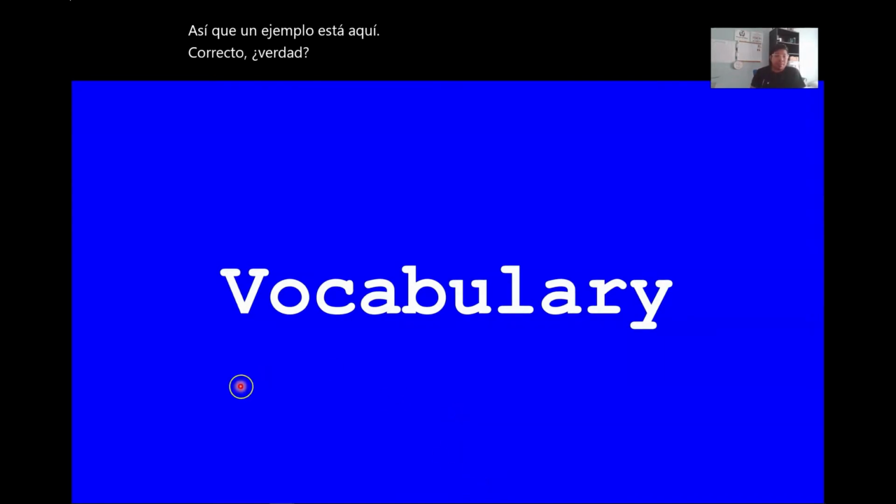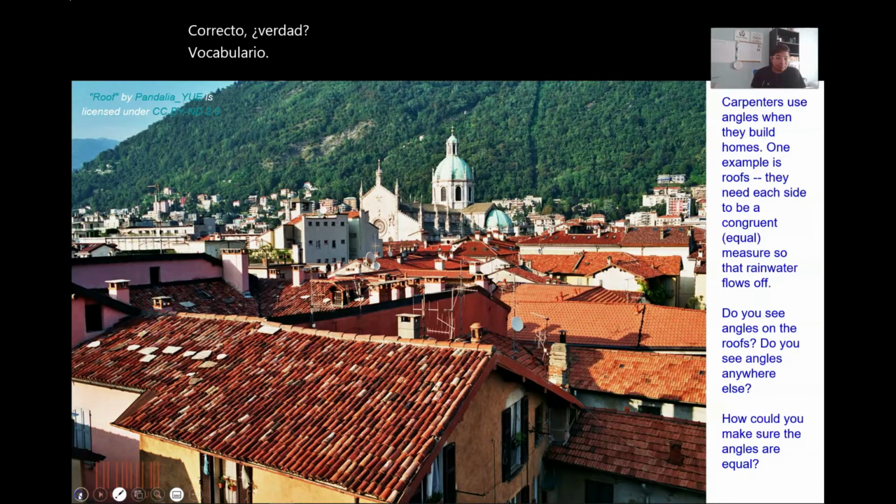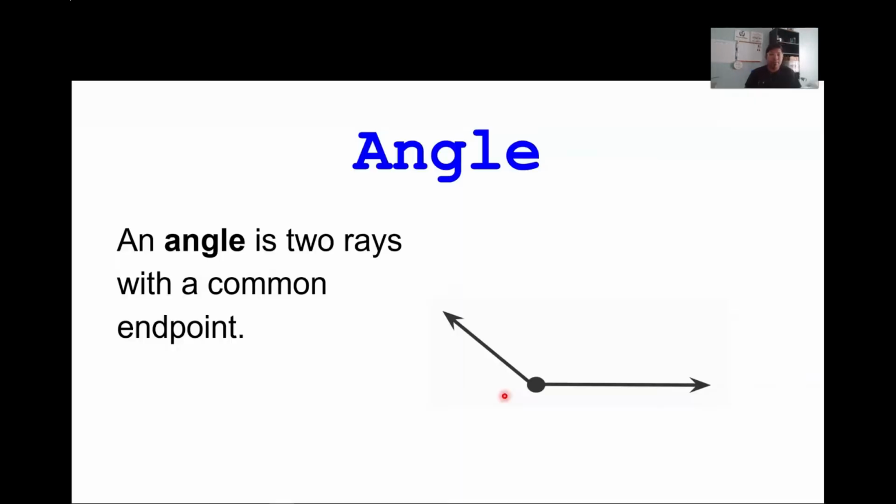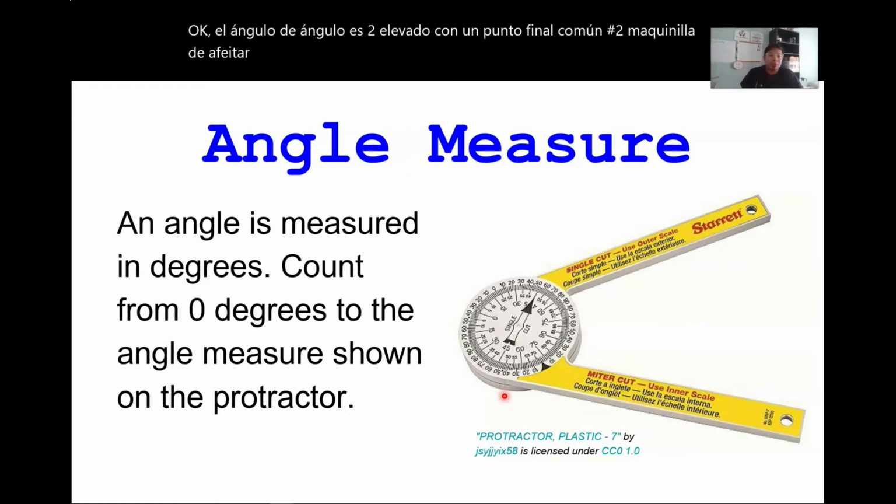Vocabulary. Angle. Angle is two rays with a common endpoint. Remember, two rays with a common endpoint. Angle measure. An angle is measured in degrees, okay?